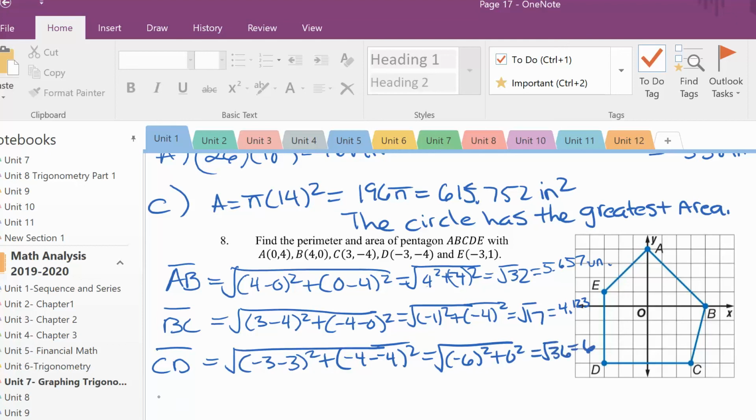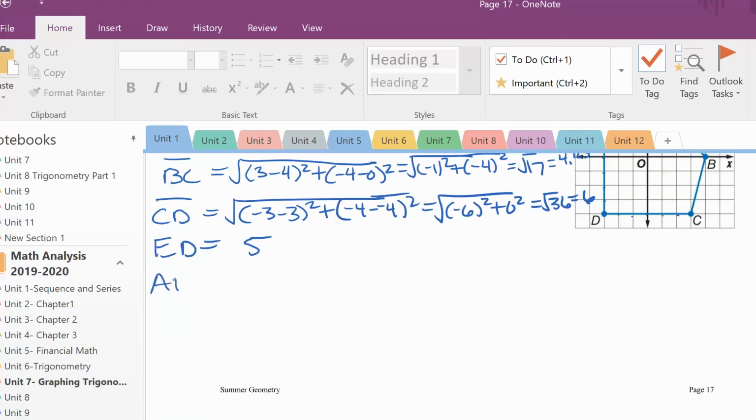And then we go ED. Well, now if you notice, ED is straight up and down, so we could count instead of doing the distance formula. It'd be 1, 2, 3, 4, 5. We could have done the same thing for CD and gotten 1, 2, 3, 4, 5, 6, which we got. So ED is 5.